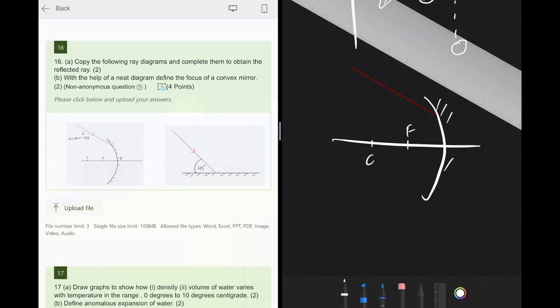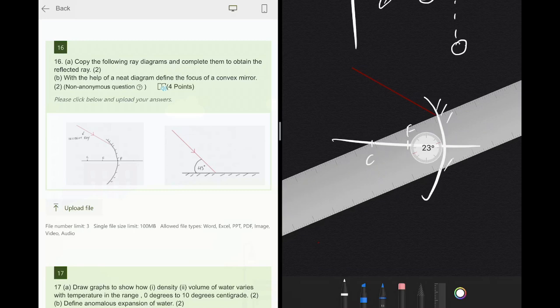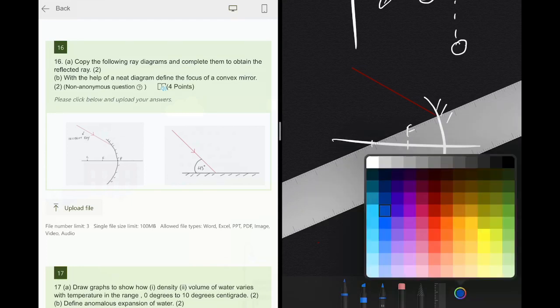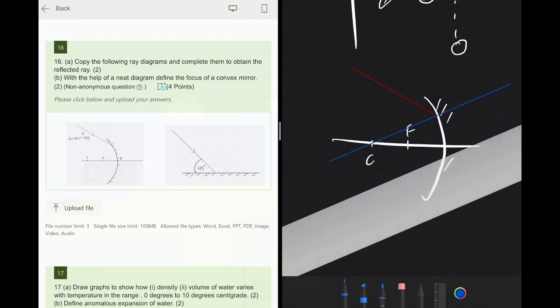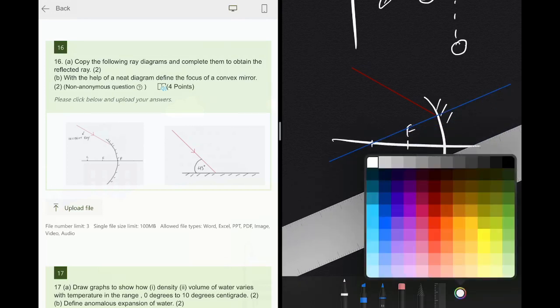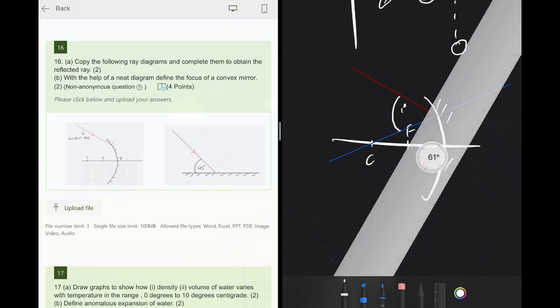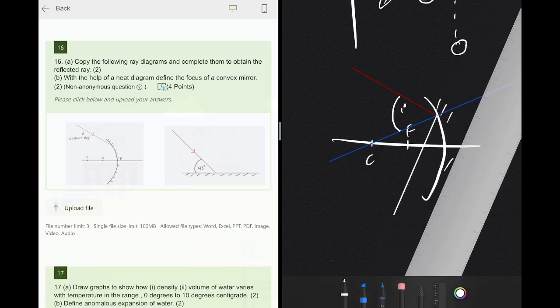So we know that for a curved surface, normal is something that passes through the center of curvature. So you should have drawn this as the normal, and then you should measure out this angle of incidence and then measure out an equal angle of reflection, and then this is your reflected ray.